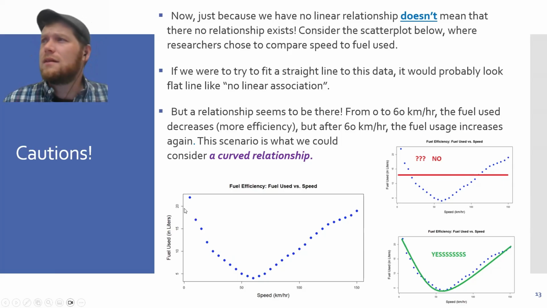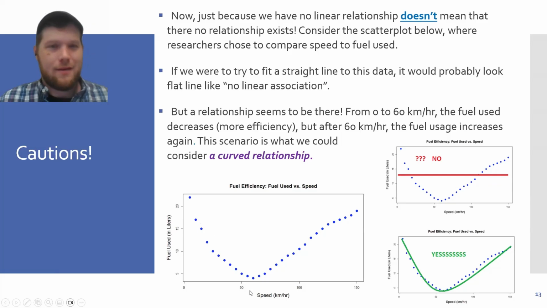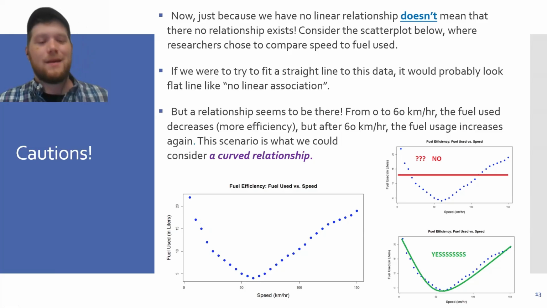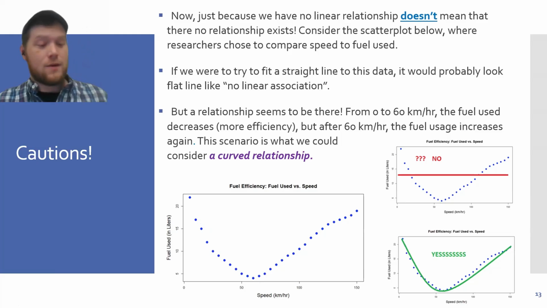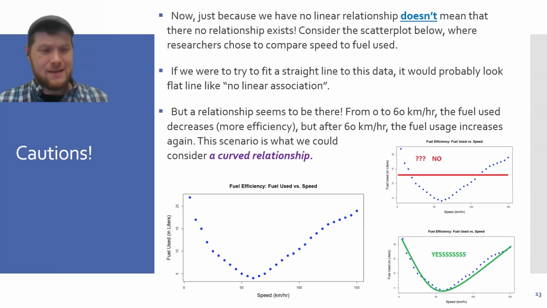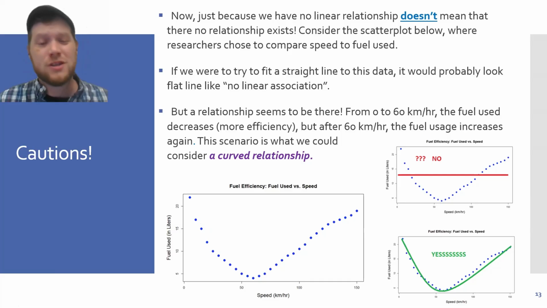In fact, if I go from 0 kilometers an hour to 60, it looks like the fuel used will go down. If you're speeding up, there's less requirement to accelerate, and once the inertia is in motion, the car is just easier to run.